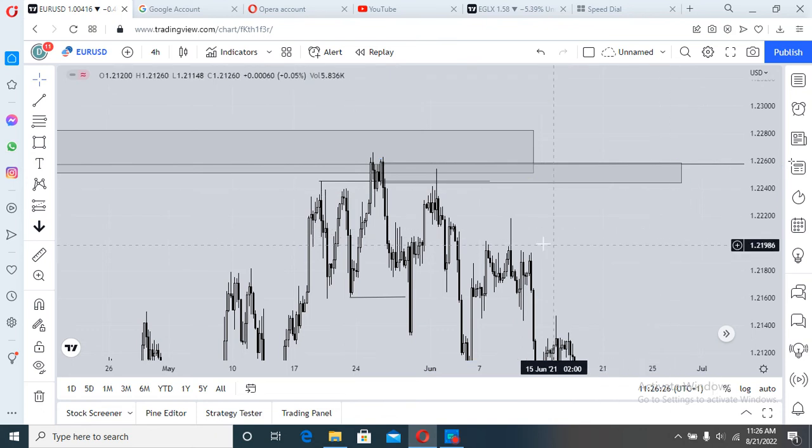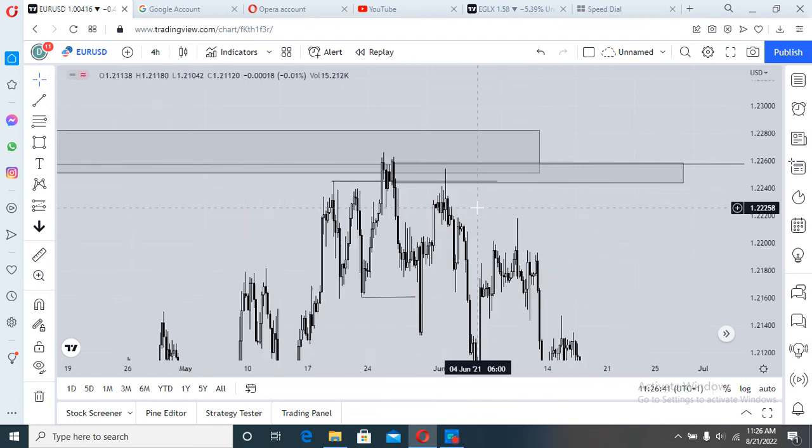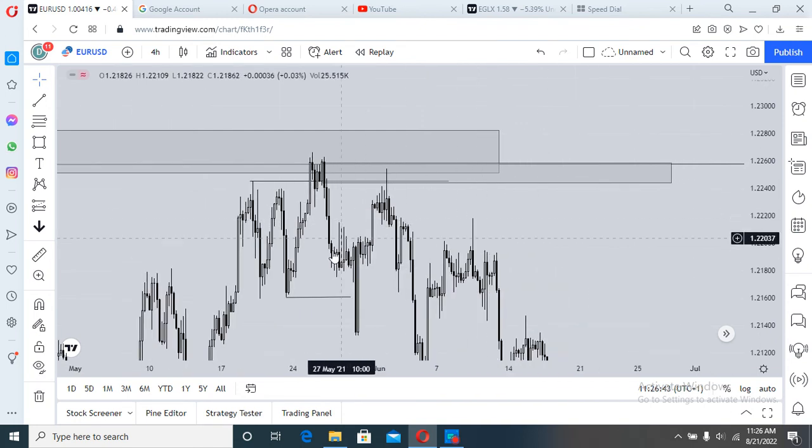Now the best advice I can give you: sometimes you don't need to have a snap entry. Trust me, because most times the area of POI might fail. So for you to confirm your POI will hold, you have to wait for your confirmation entry. Please always do this. A tap here, a sell. Yeah, you miss a sell, but you should calm down, because the institution has to pull back to mitigate their orders.